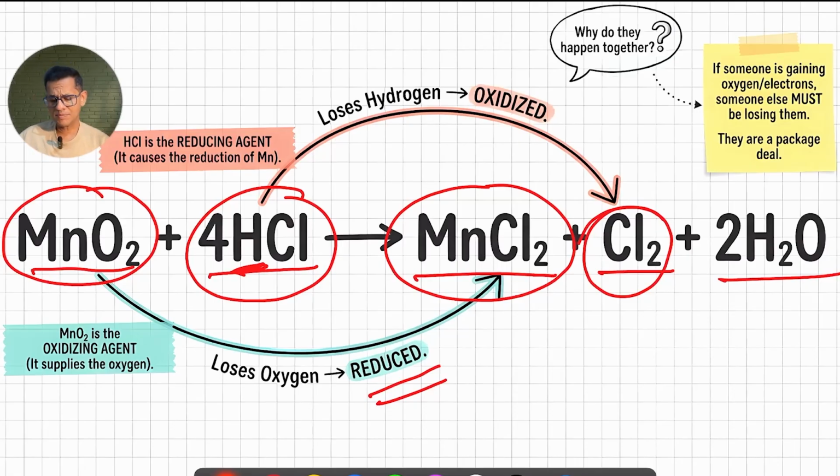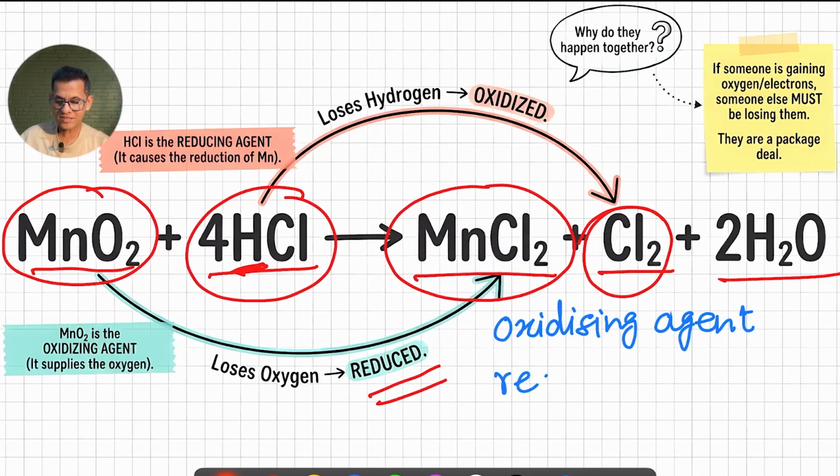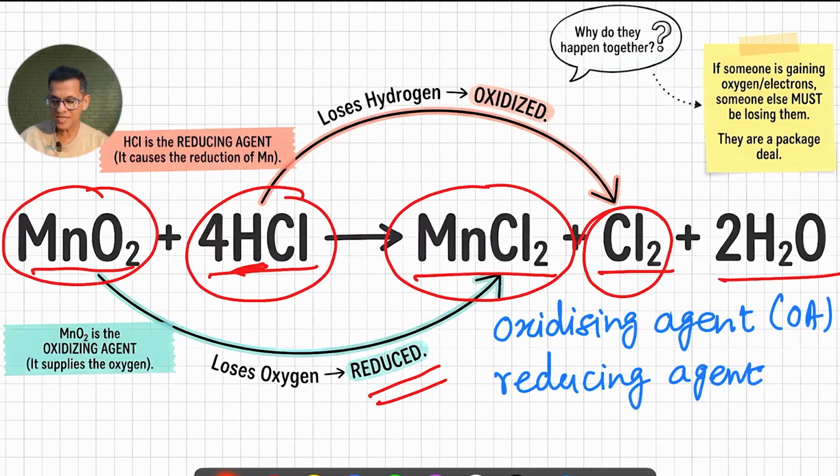There is one more concept which we need to understand in these reactions, called oxidizing agent and reducing agent. I'll write oxidizing agent as OA henceforth, and reducing agent as RA for our understanding.